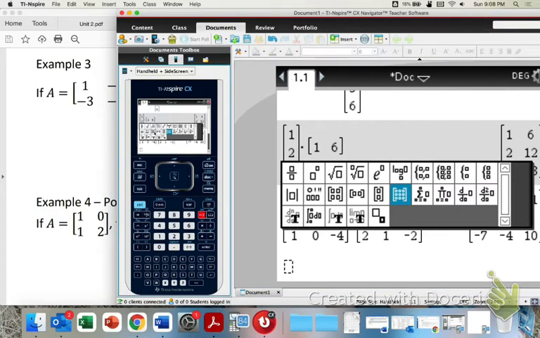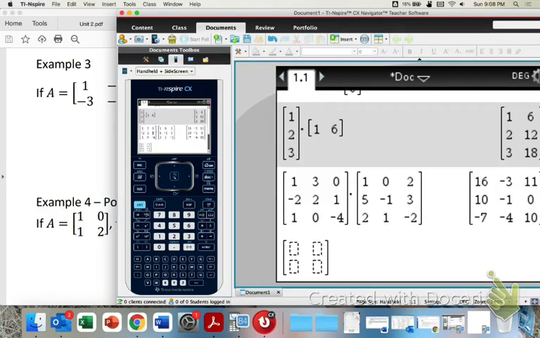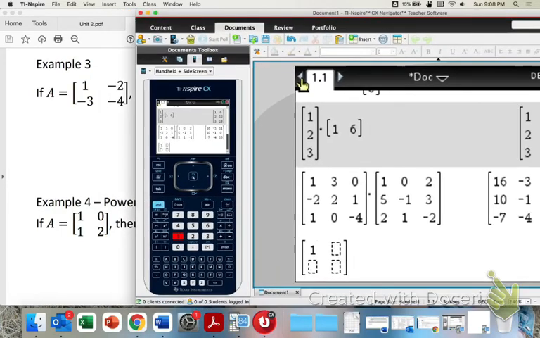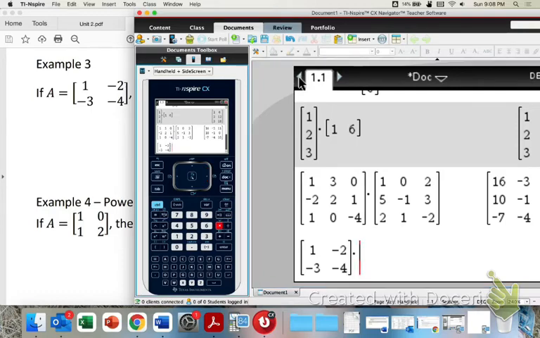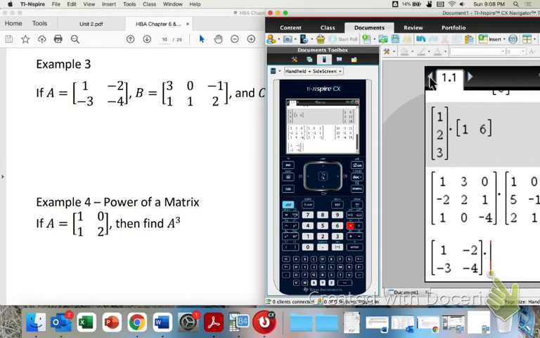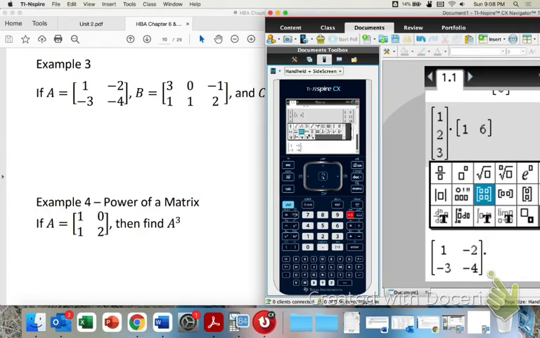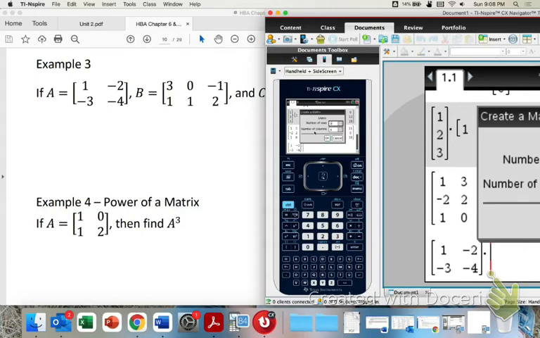So that is simply going back to my calculator, choosing a 2 by 2 matrix for A. And at this point, I'm just using a calculator. That's 1, -2, -3, -4, times matrix B. Okay, I need a 2 by 3.